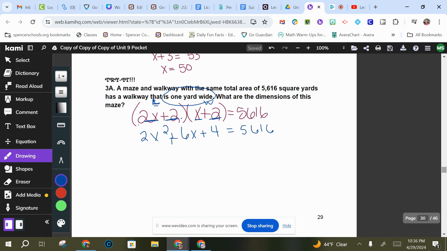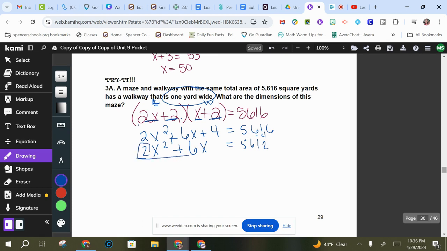I'm going to kick out the 4 so I can complete the square. So if I kick out the 4 here, that'd be 5,612. And A is not 1 anymore.